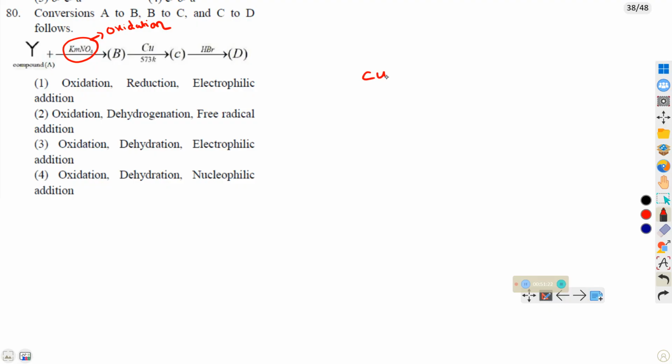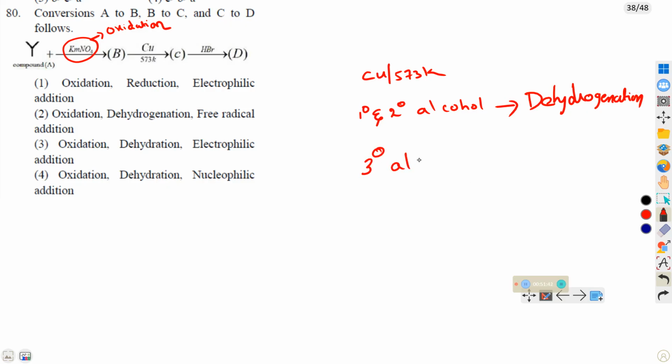Copper at 573 kelvins: if the alcohol is 1 degree or 2 degree alcohol, dehydrogenation process takes place. If the alcohol is 3 degree alcohol, then the product is alkene and dehydration process takes place.